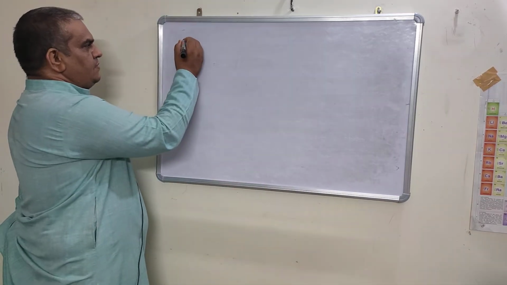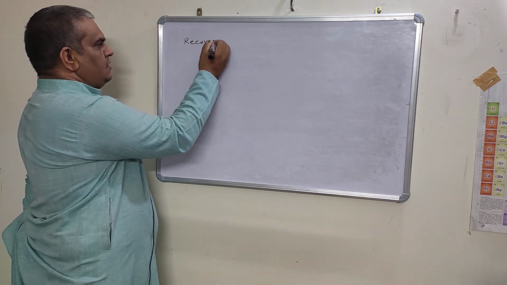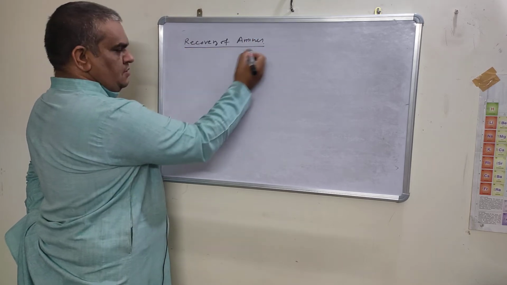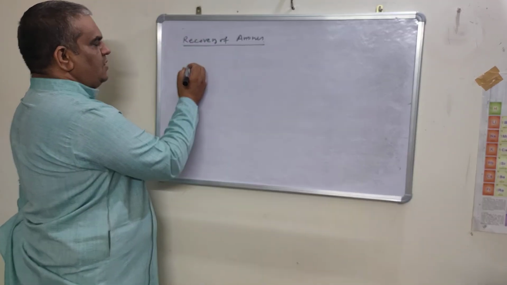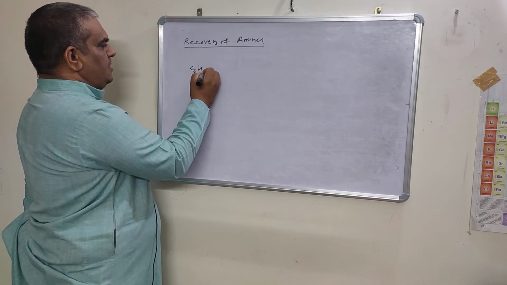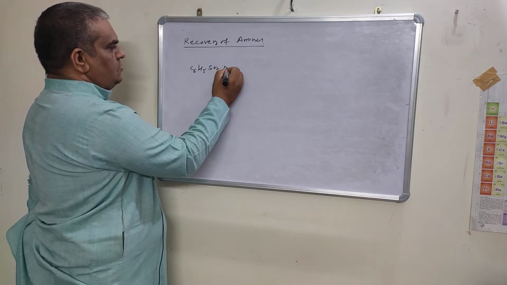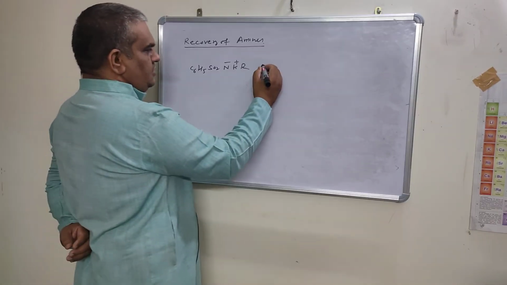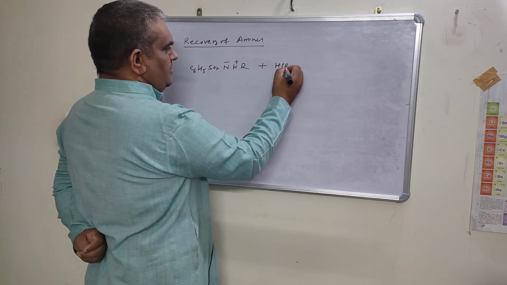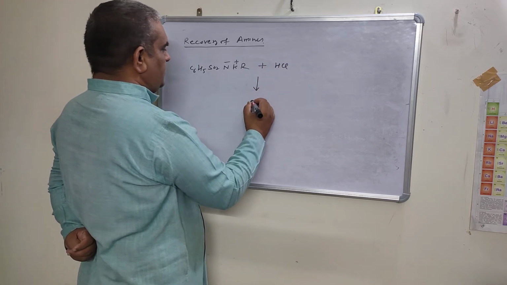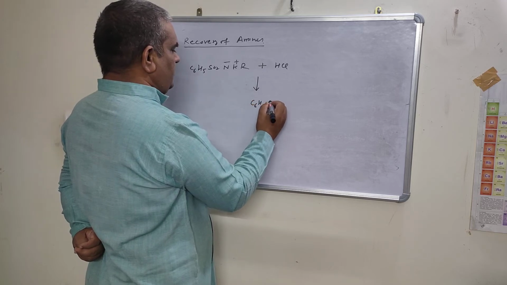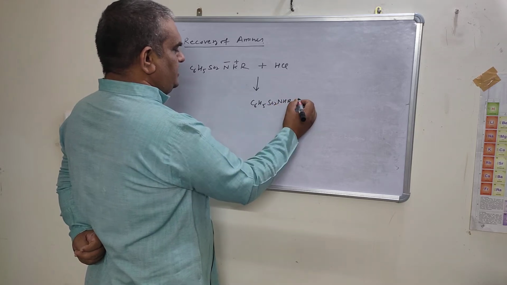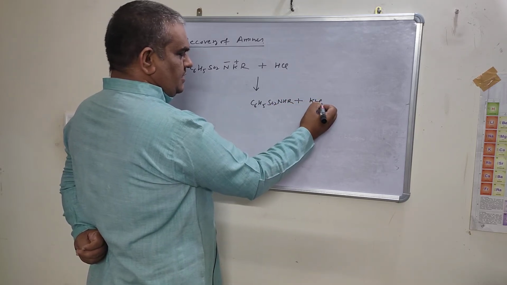Next is recovery of amines. The potassium monoalkyl benzene sulfonamide, C6H5SO2 N K positive R, is hydrolyzed with HCl to form C6H5SO2NHR, N-alkyl benzene sulfonamide, and KCl.